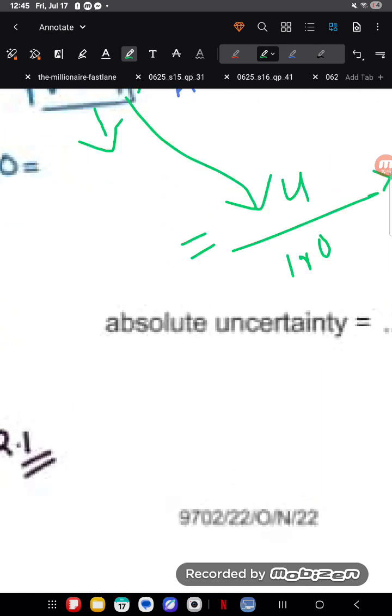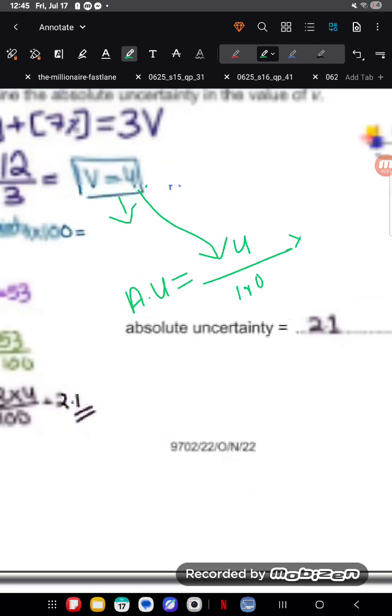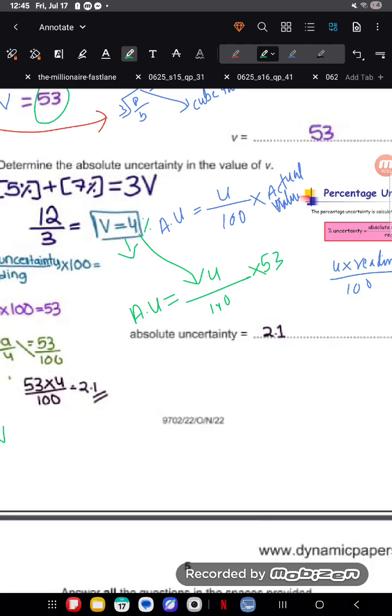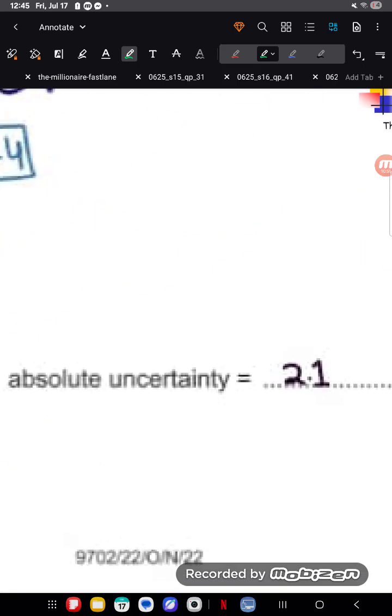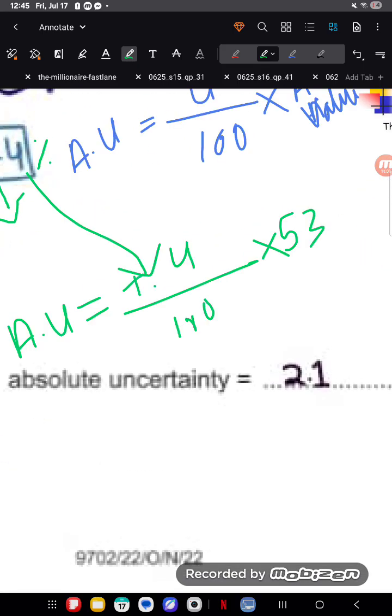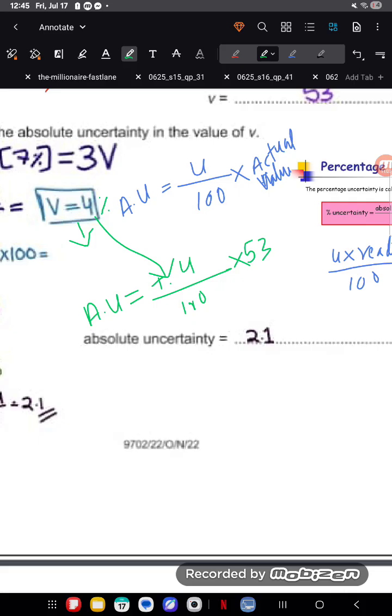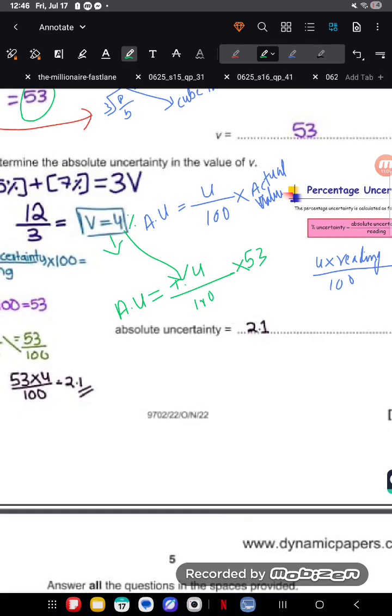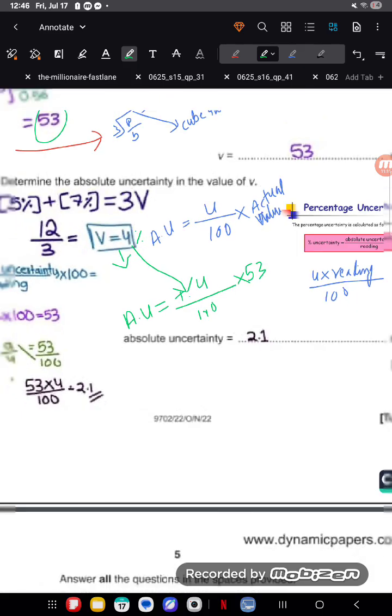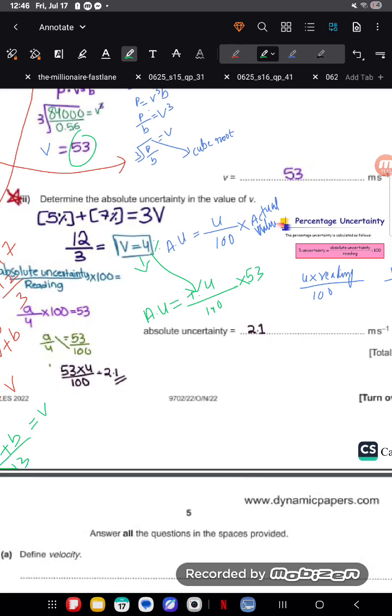So it will be absolute uncertainty. Again I am repeating, to get absolute uncertainty you should know the total uncertainty. Learn this formula very well and don't get confused, because with this formula you will solve the next question.